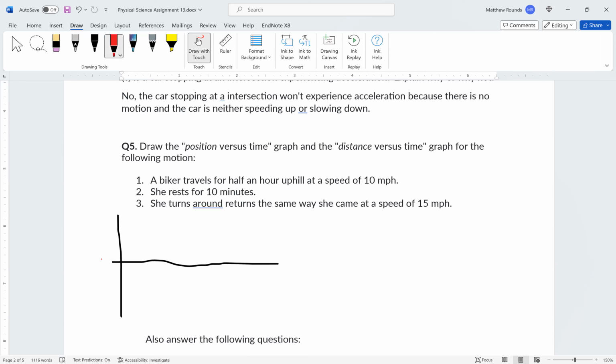So the biker travels away. The biker's starting at the house, and then they travel for half an hour. Okay, call that 30 minutes. And then they just rest. They do nothing for 10 minutes. And then they come back home.